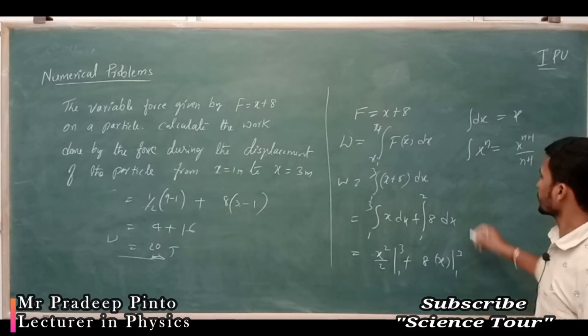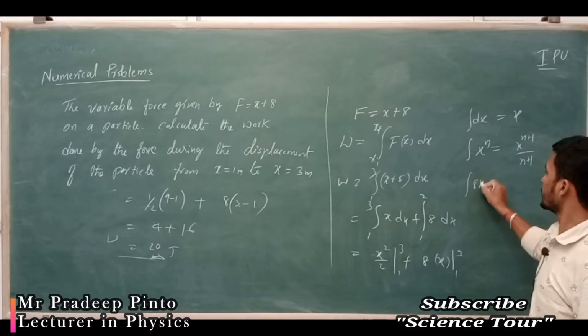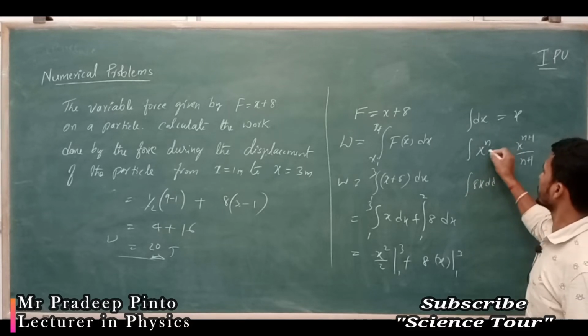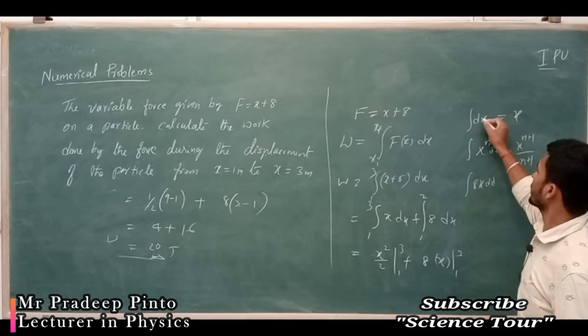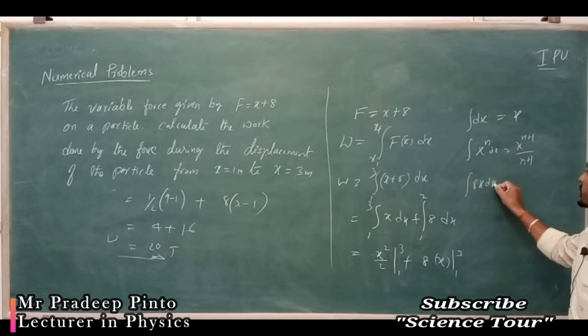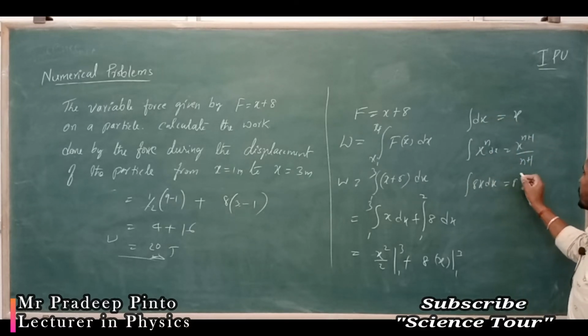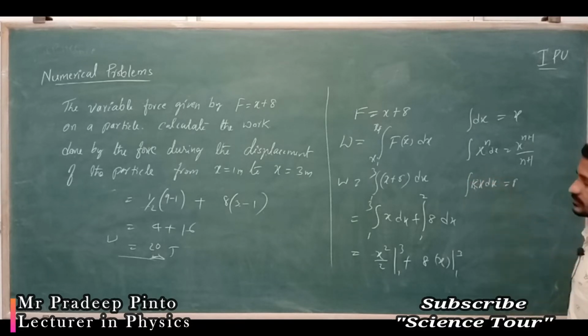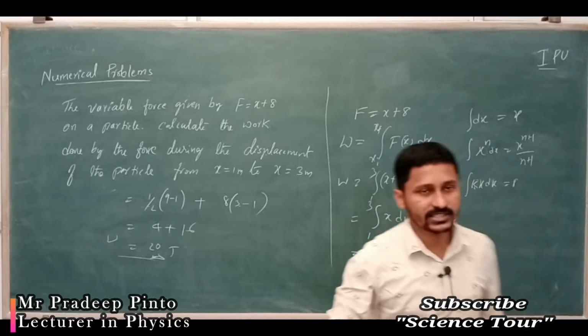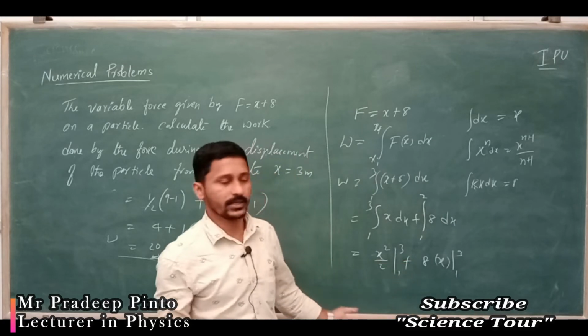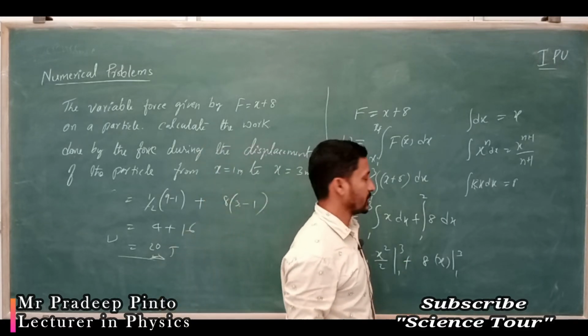Or for the integration of 8x dx, 8 is a constant k, it may be 1, 2, 3, 4, 5, 6, 7, 8, 9, 10, whatever may be the number.